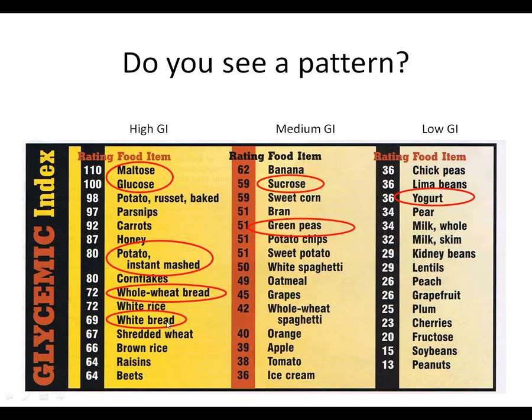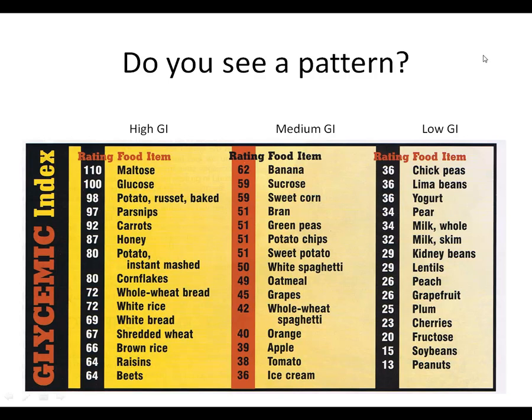Surprisingly, whole wheat bread actually has a slightly higher glycemic index than white bread. So even though whole wheat bread has the bran and the germ, which has the fiber in it, nevertheless, it has a slightly higher glycemic index than white bread.